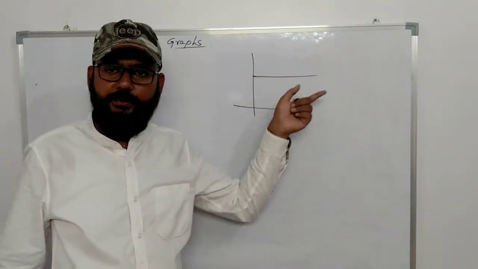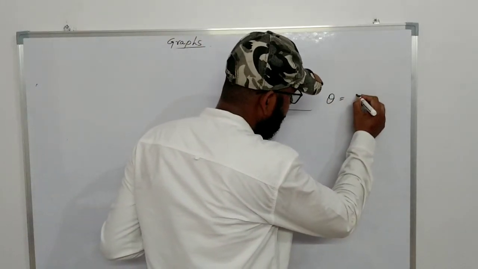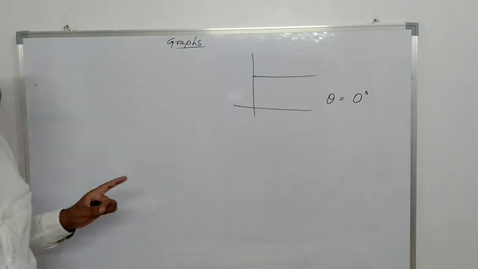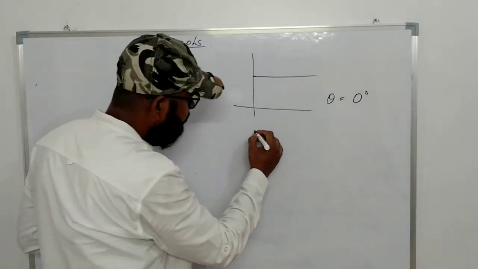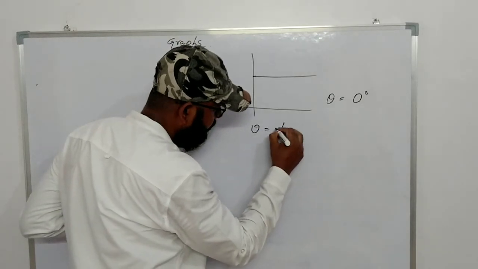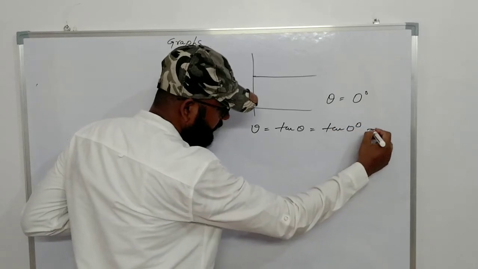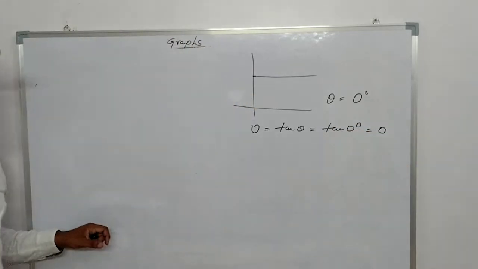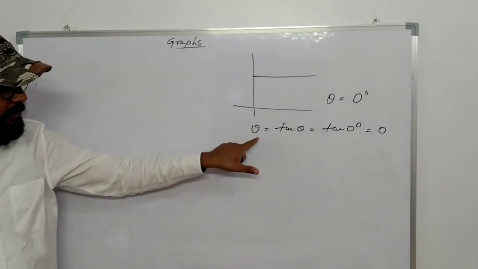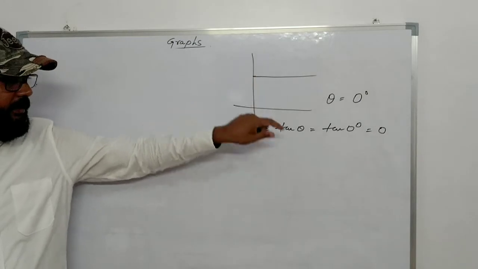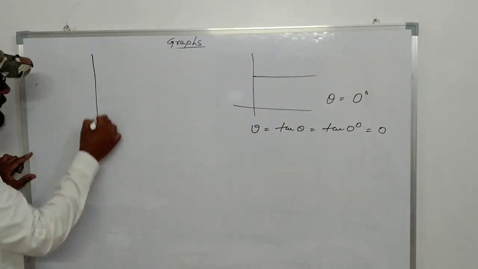Here what is the slope of this line, meaning what is the value of theta? So theta is equal to 0 degree. So what is the speed? V is equal to tan theta, which is tan 0 degree, and that is equal to 0. Here the slope is 0, so the speed of the body is 0.